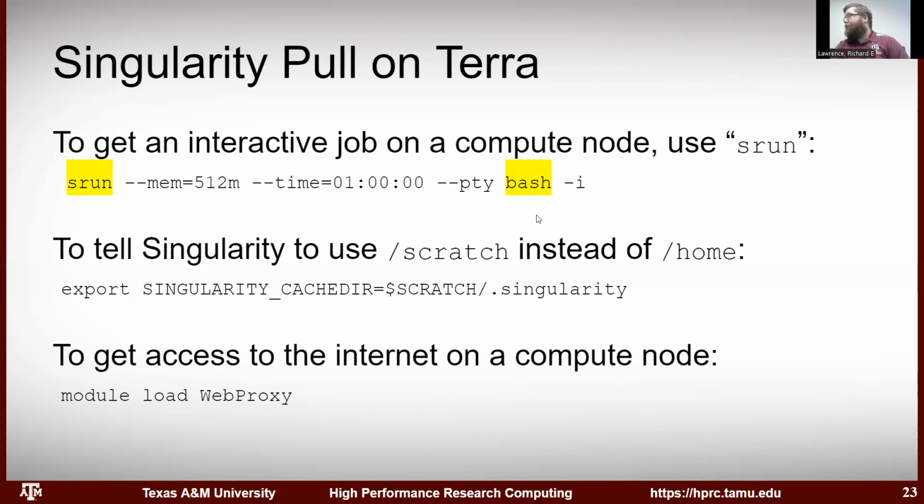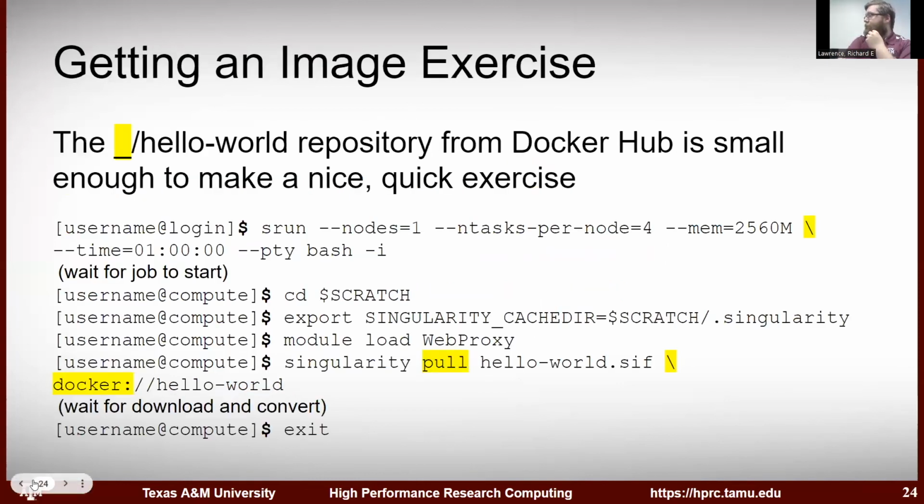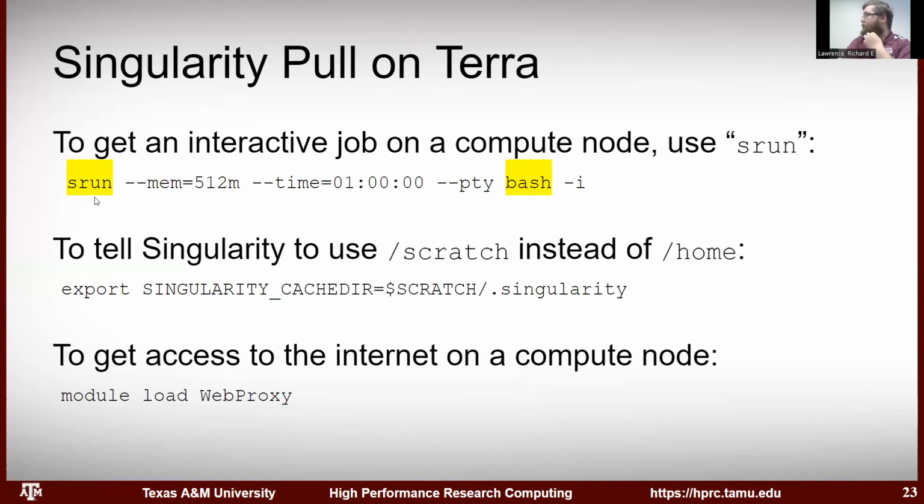Now, this slide says that we're going to be doing a job on a compute node. So we need to get access to a compute node. And this is how we get access to compute nodes if you happen to start from a login node. We use the srun command to get access to a compute node from a login node. And then you have to enter some really basic batch commands. Hopefully you are familiar with how these batch arguments work.